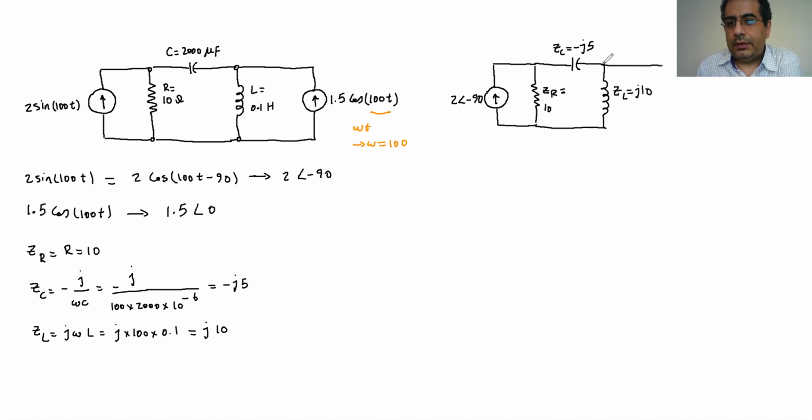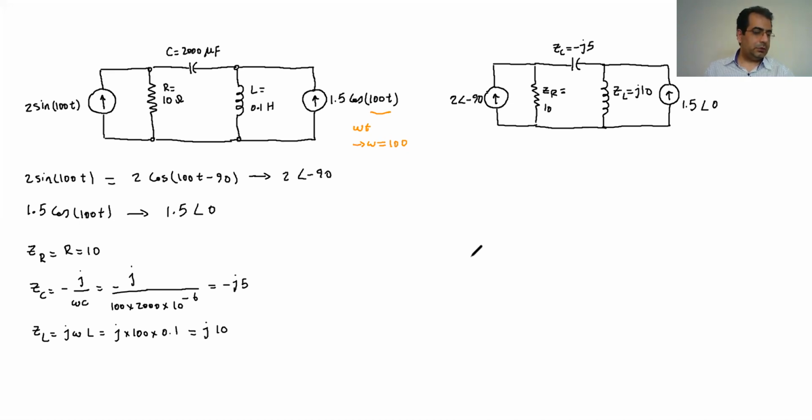And then I have this source, so this is the 2, and there is 1.5 with the angle of 0. Now after I redraw that, this is what I'm going to have.